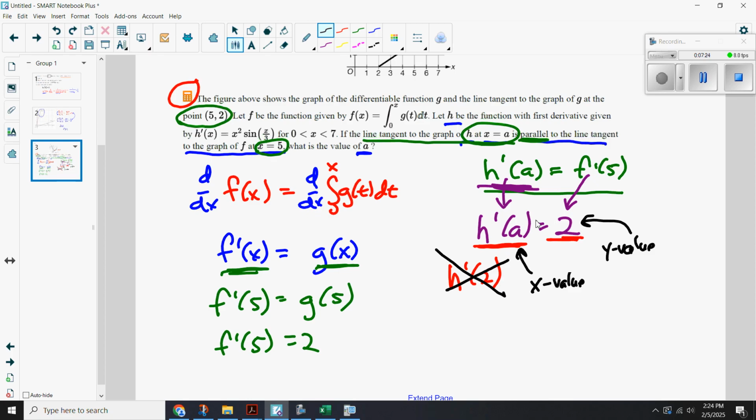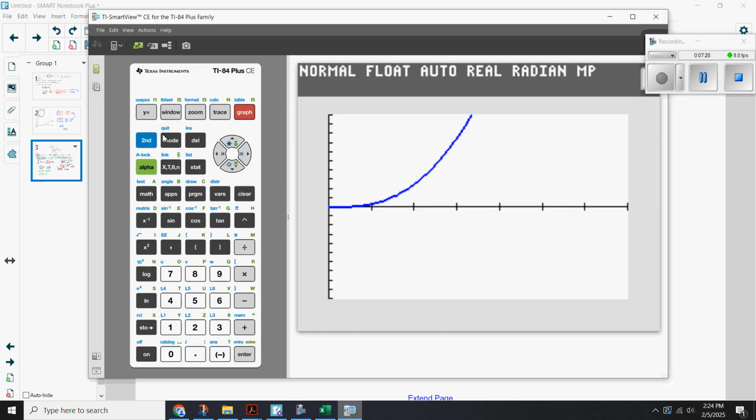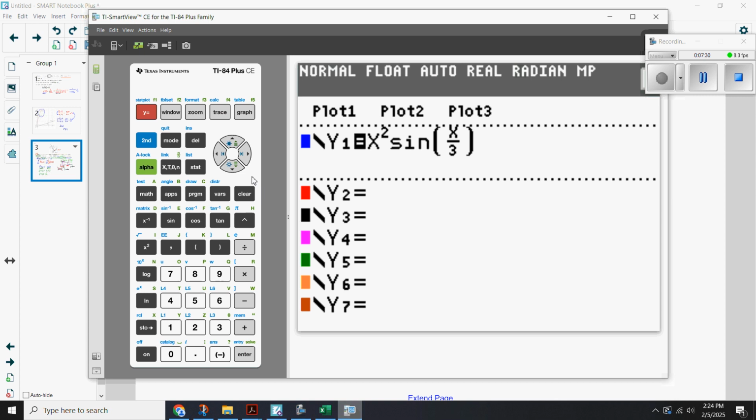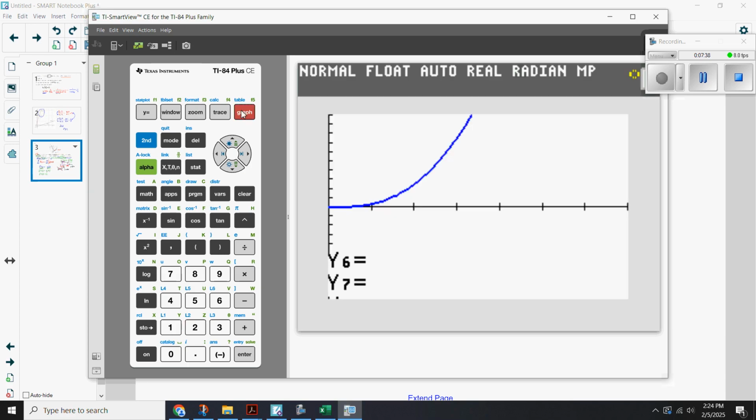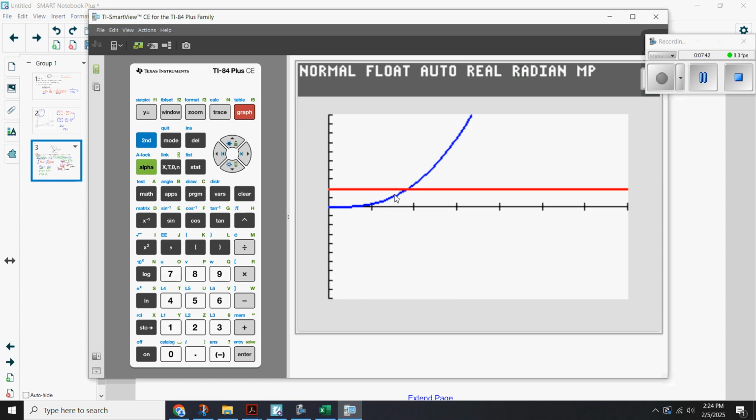So I'm going to go back to my calculator and enter another function, which is simply y equals 2. And I press graph, and I see my first one and my second one. And what I want to know is the x value where these intersect, because this will be the x value on the blue function, which is my h prime, that is equal to 2.